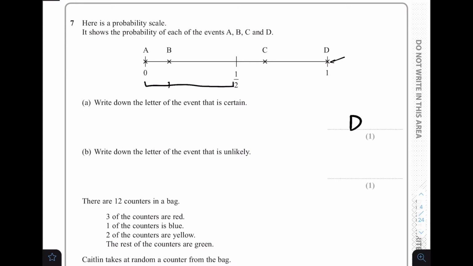Now the probability of something happening being 0 means that it's impossible. So A is actually impossible here. We will never be able to hit the event A. However, because we've got a B here and it's below half and it's close to 0 but not exactly, that matches the definition of an event being unlikely. So your answer here is B.